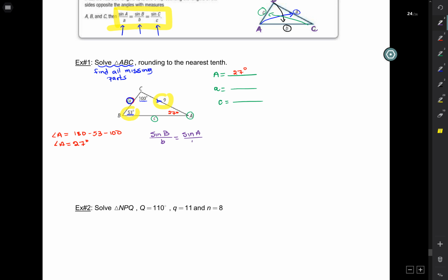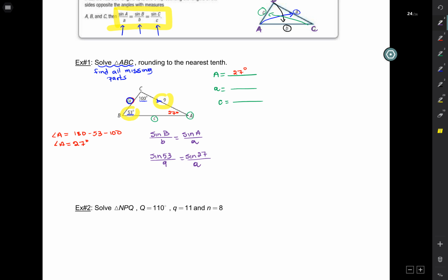So A over a. All right, so now let me plug in everything I have. Sine of 53 over 9 is equal to sine of 27 over a. Now, my missing side is a.